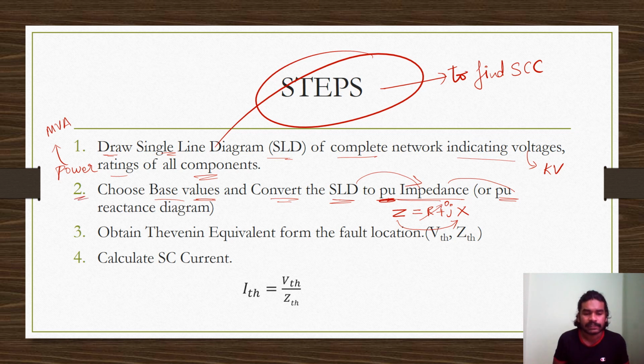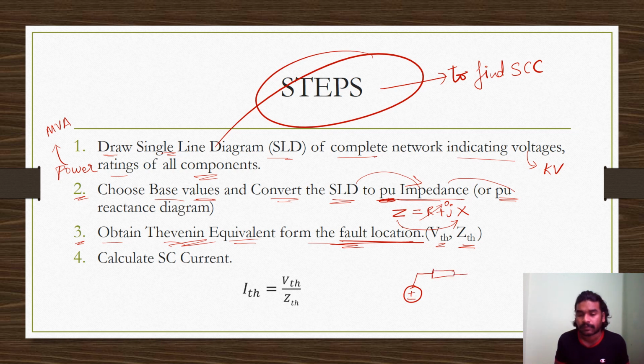Okay, after doing this second step, now let's proceed to the third step. You have to obtain the Thevenin equivalent from the fault location. First, you have to determine where the fault has occurred, and taking the fault terminals as the load terminals, you reduce the remaining network into a Thevenin equivalent. What does the Thevenin equivalent consist of? It consists of a voltage source VTH in series with an impedance ZTH, the Thevenin impedance.